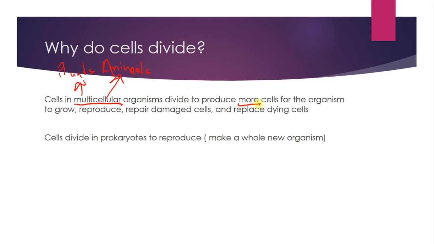So primarily they're dividing to increase cell number, and that might be needed to grow, to reproduce, to repair, or to replace. So in each of these cases, 1, 2, 3, 4, more cells are needed within a single organism.